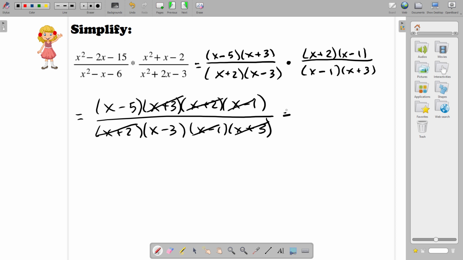And we're left with x minus 5 over x minus 3. So multiplying those together, factoring, multiplying everything together on the top and bottom, divide out factors that are in common, and we're left with x minus 5 over x minus 3.